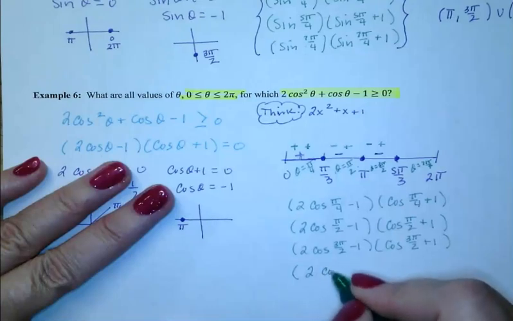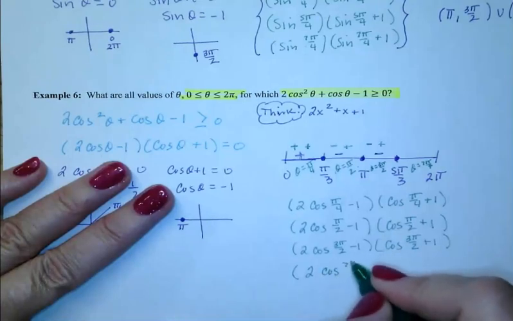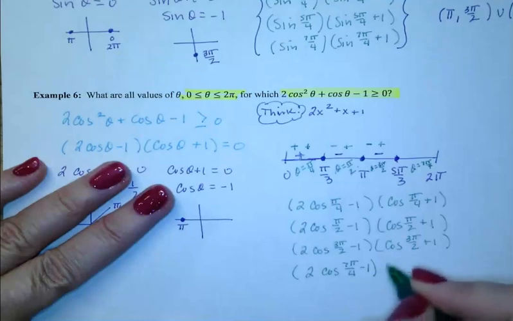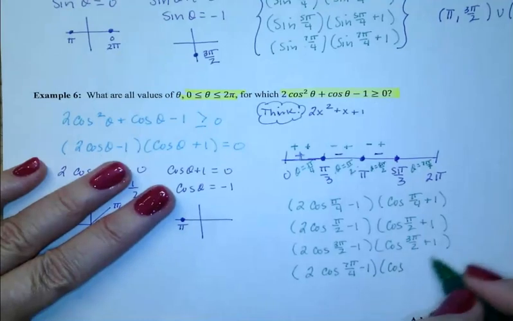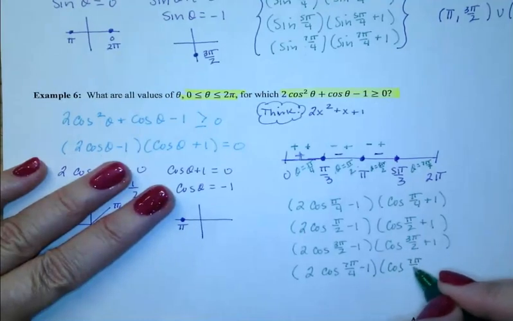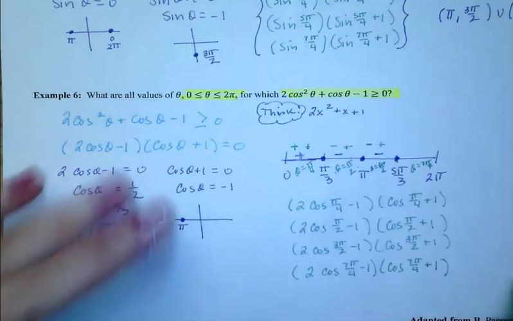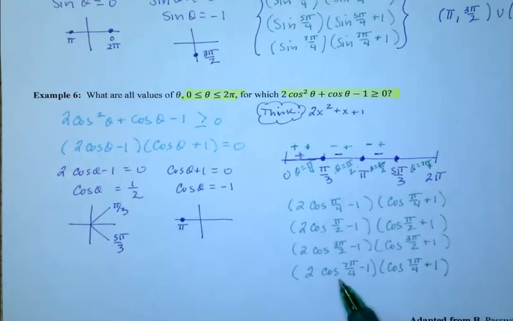So I'm doing 2 cosine 7 pi over 4 minus 1 and cosine 7 pi over 4 plus 1. And so when I look at 7 pi over 4 in the fourth quadrant, cosine of that is going to be positive.